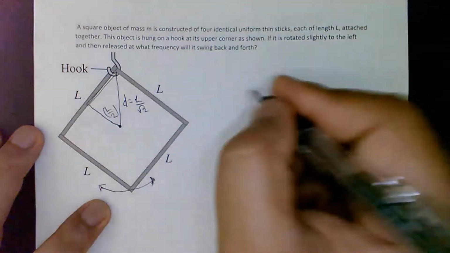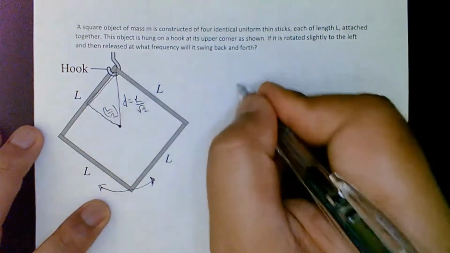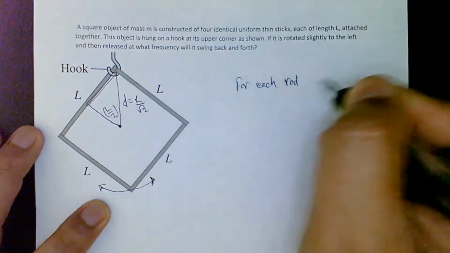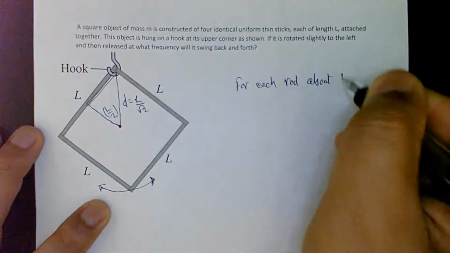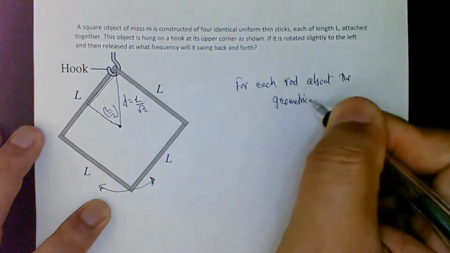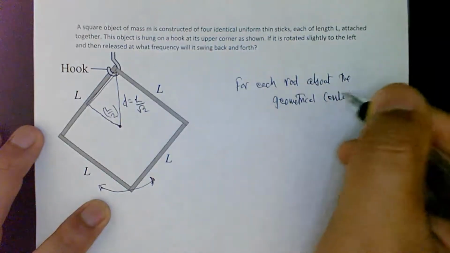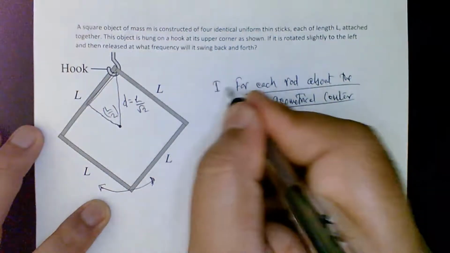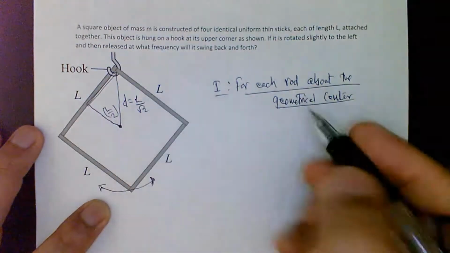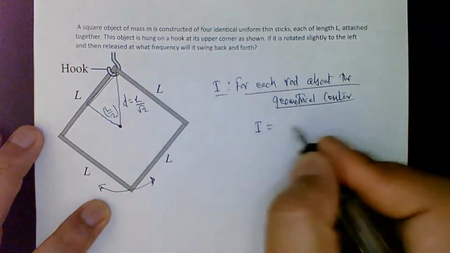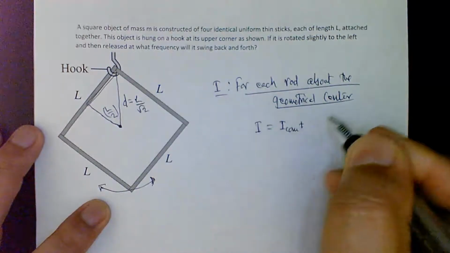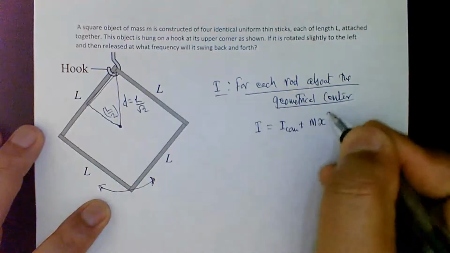So first of all, the total moment of inertia. For each rod about the geometrical center, the moment of inertia is the moment of inertia about the center of mass plus m x square.